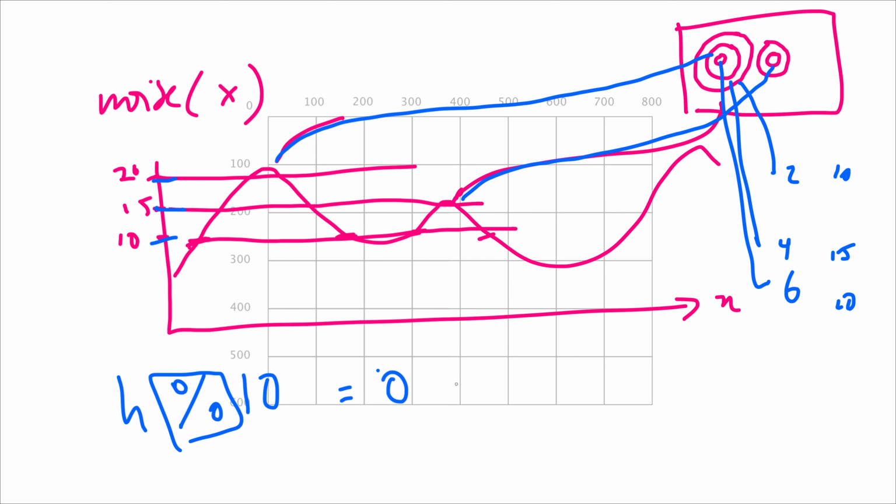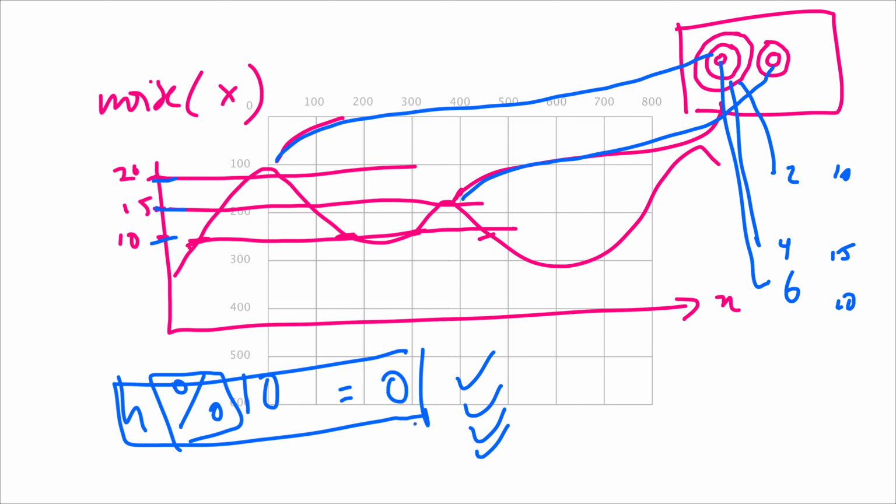So this is true when h is 10, 20, 30, 40. We can use this as a condition for choosing when to draw an isoline. If we did h modulo 2, that would be true when h is 2, 4, 6, 8. So those isolines would be closer together. Let's experiment with that in code.